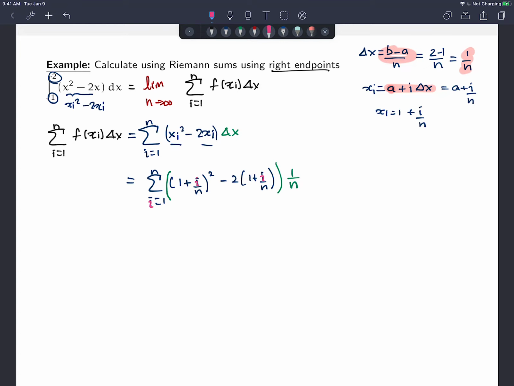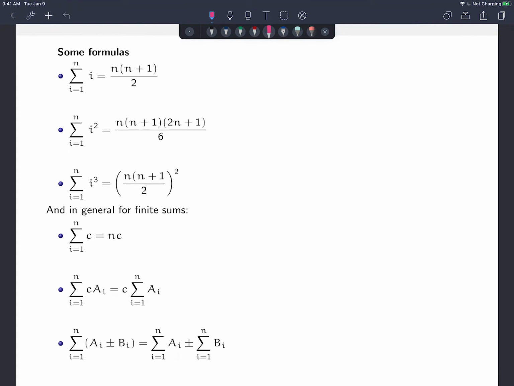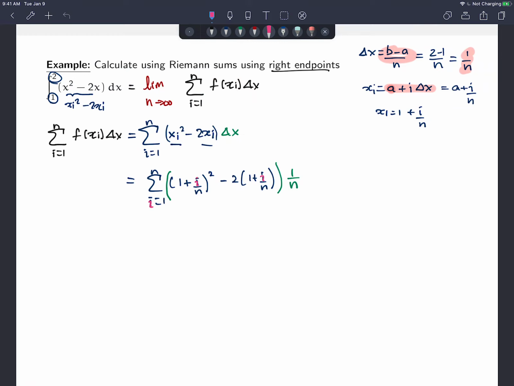So I can deal with this constant, and you can bring it inside or outside of the sum. So that 1 over n can be brought in front, and then I can have this sum.